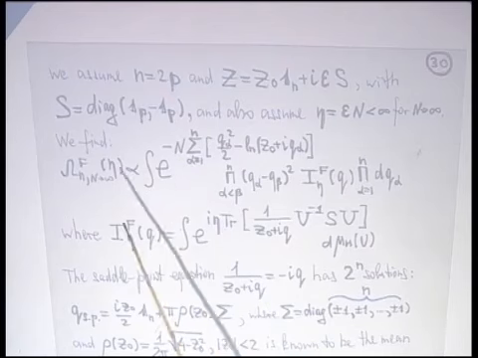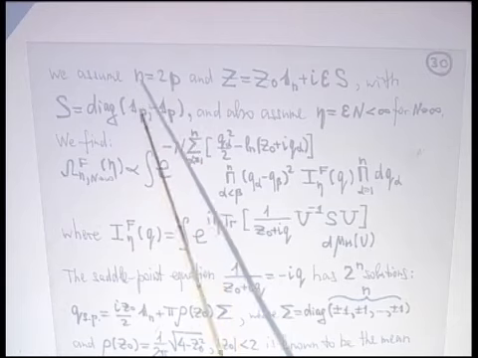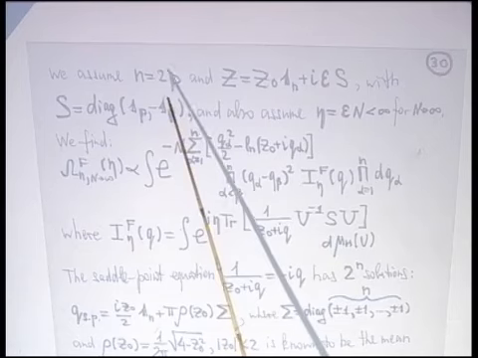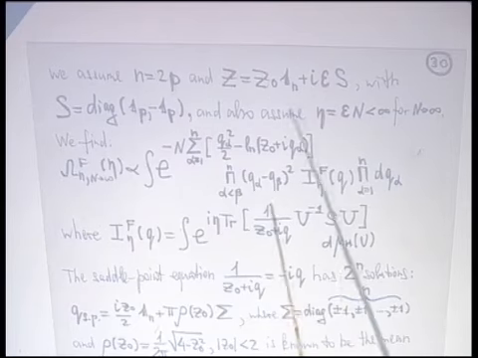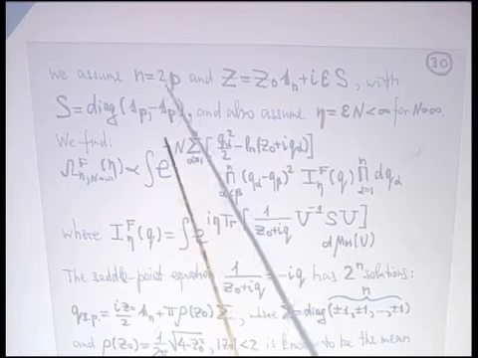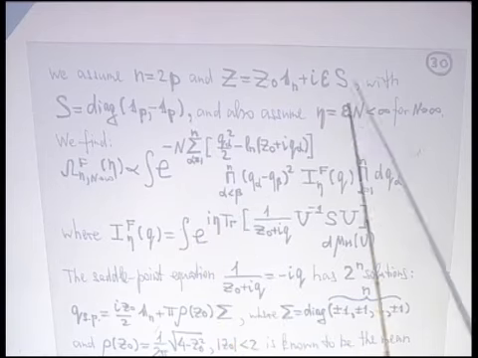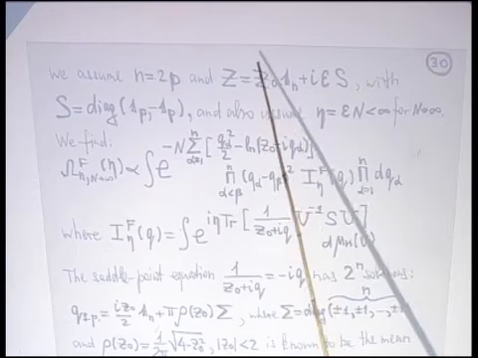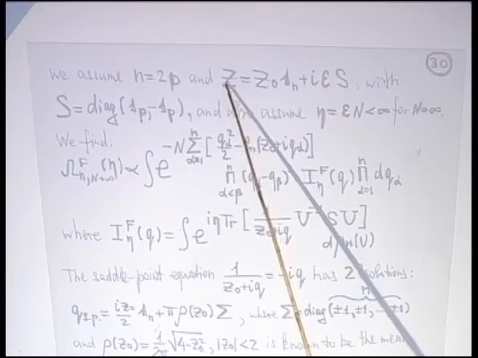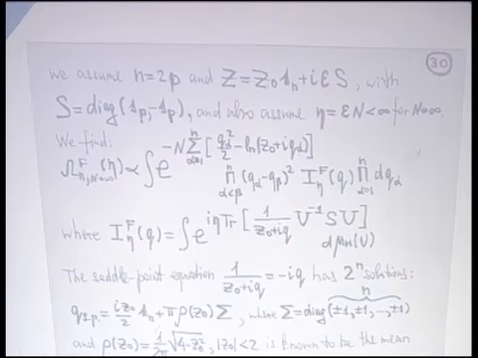I assume that n is even, so it can be written as 2 times p, where p is an integer, and I also assume that all real parts of these spectral parameters z, let me remind you, because I don't think that I've written it accurately today.